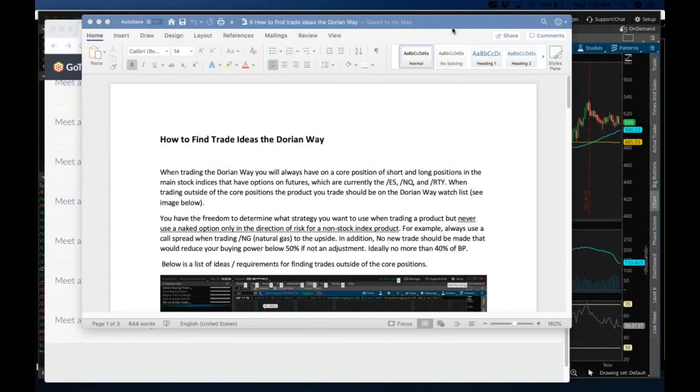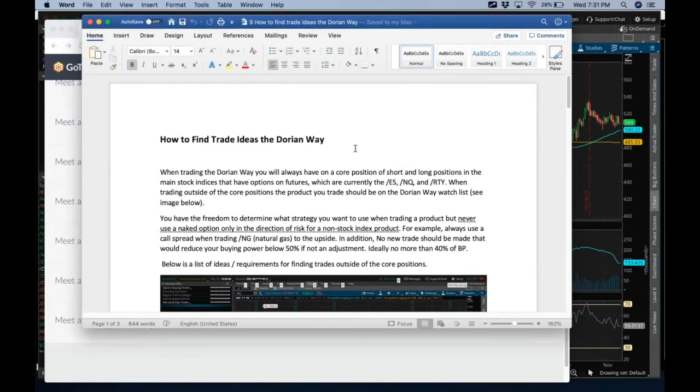Tonight is going to be more of an open discussion. I wanted to talk about doing some trades outside of our core positions. I go over this concept in detail in how to find trade ideas in the Dorian Way School. This is lesson 9.